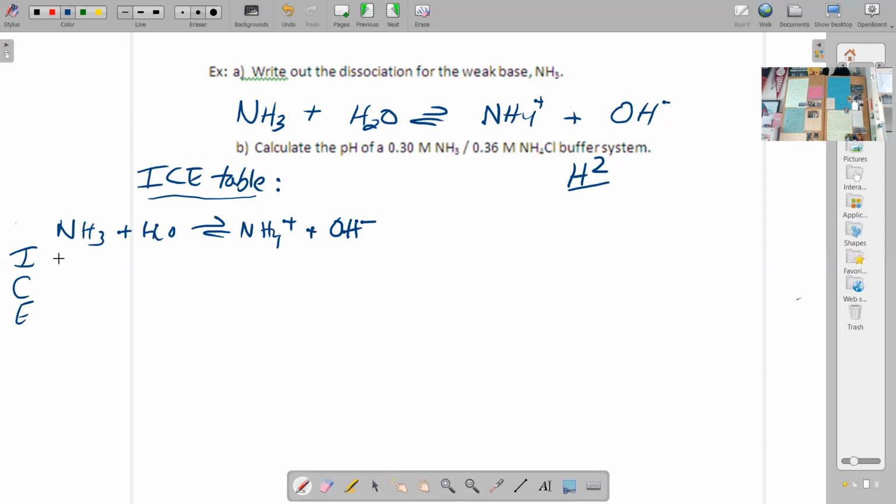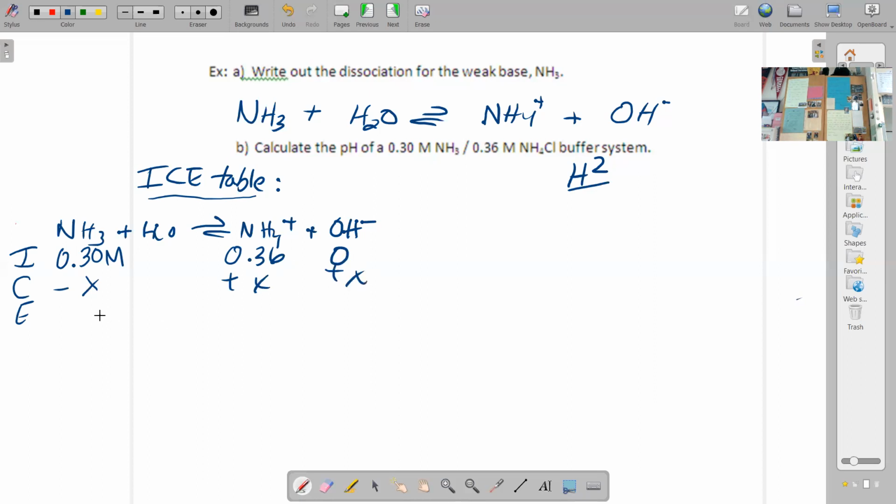Okay, so for NH3, what's our molarity? 0.30. And you guys, what's going to be unique when you got a buffer system or a common ion is instead of 0, 0 like usual, now you got a number here, 0.36. Okay, which way is this equilibrium going to shift?